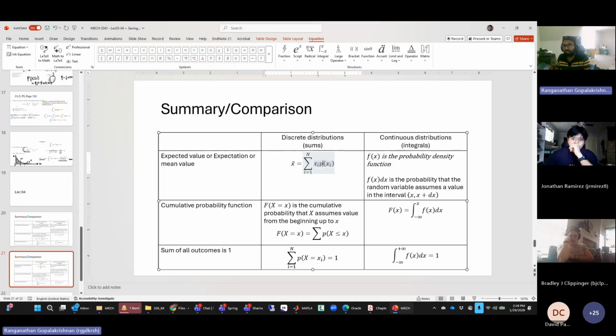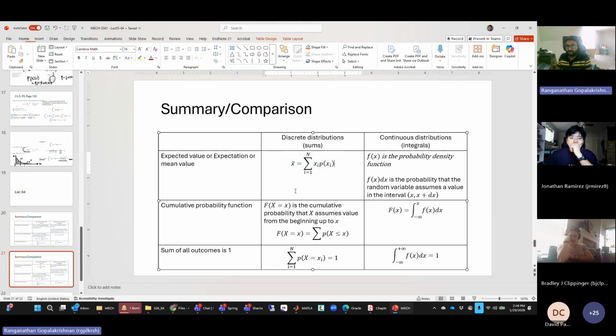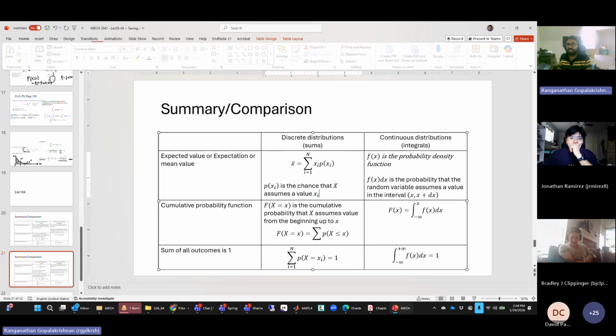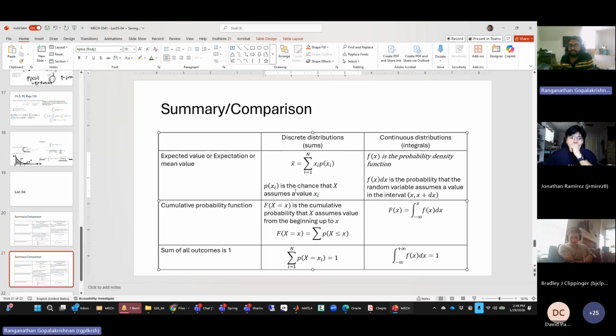So I'm going to start writing P of xi. P of xi is shorthand for the chance that x, the random variable, assumes a value xi, so that I don't have to keep writing the uppercase, which is sort of confusing. So this is the expectation for a discrete variable.